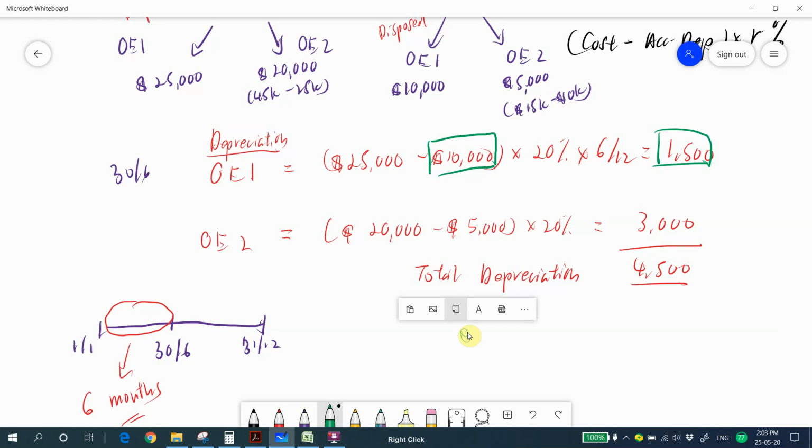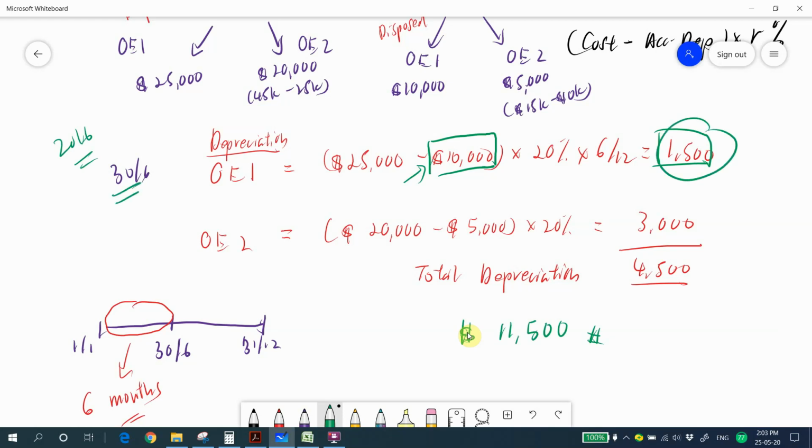So the total is 11,500. Why 11,500? This 10,000 refers to the office equipment 1 accumulated depreciation up to 1st of January, and during the year 2016 we have used it for 6 months, so we also need to account for the depreciation for these 6 months.